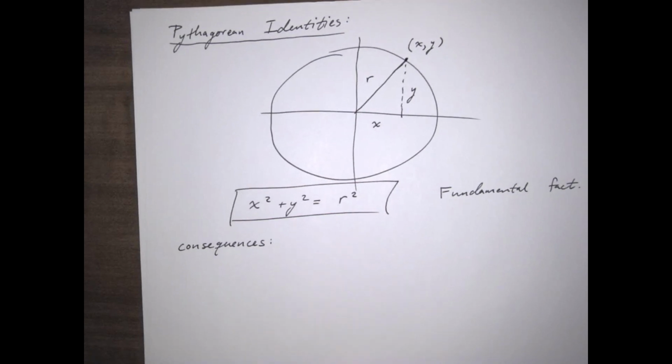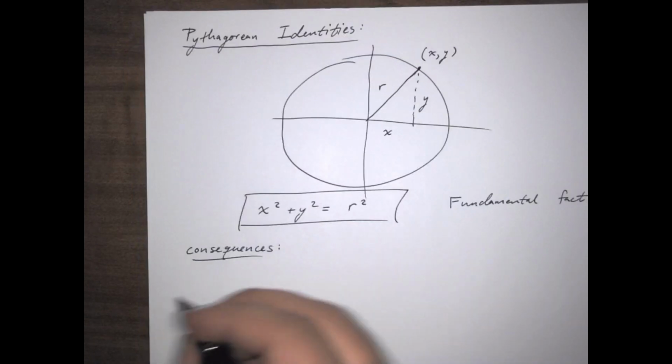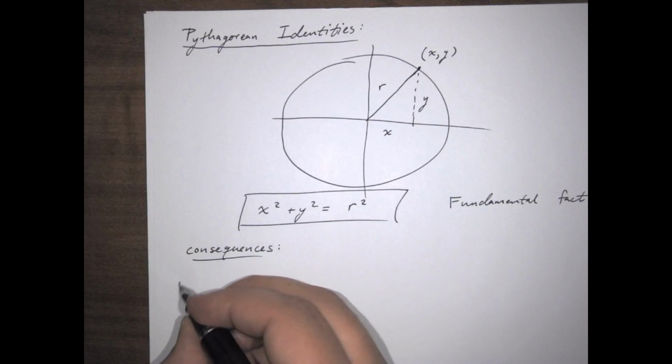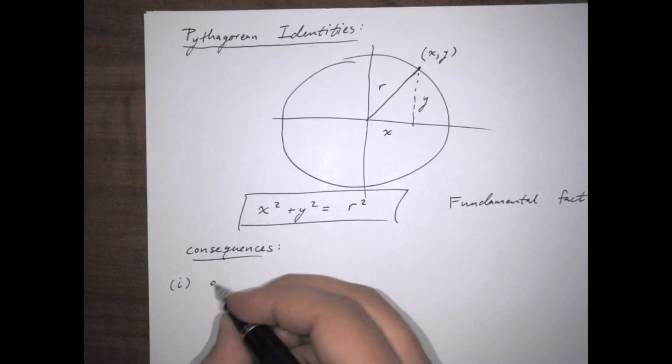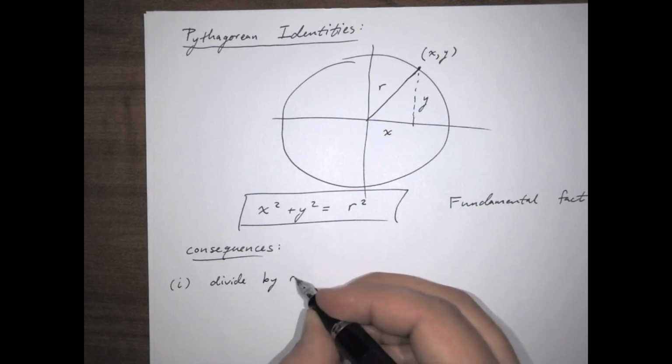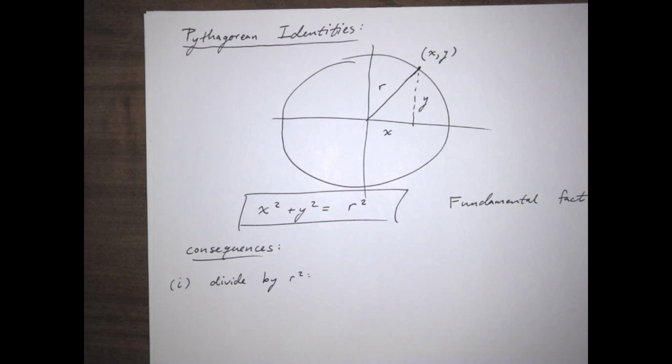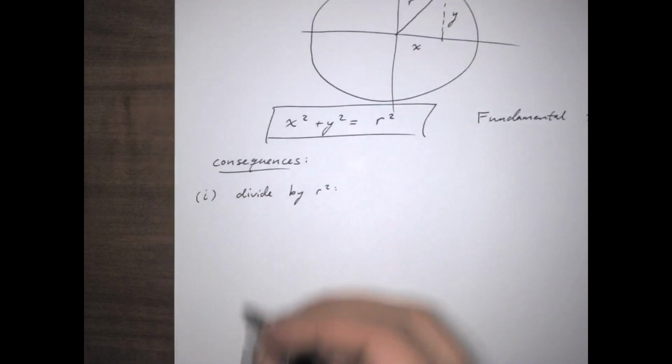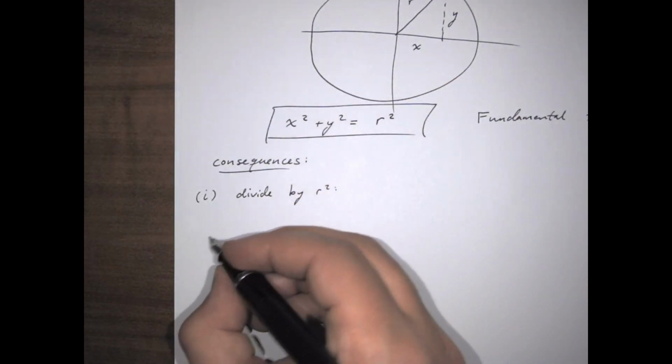So first, step 1, divide by r squared, by which I mean divide both sides of the equation by r squared. And what does that mean?